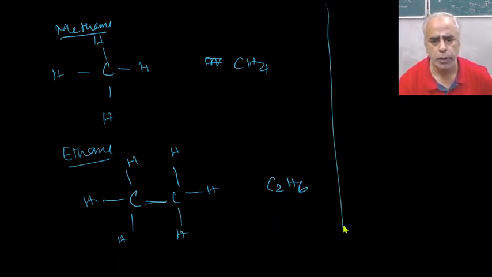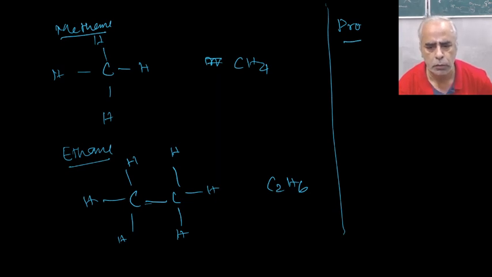Can you write down propane similarly? We must write 3 carbon atoms. Yogesh, how many hydrogen atoms should I insert? In the terminal carbon atoms, 3 hydrogen atoms, and in the middle carbon, 2 hydrogen atoms. Why? In each carbon atom I should have valency 4, is it not?